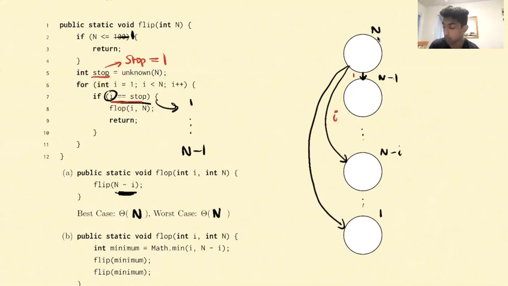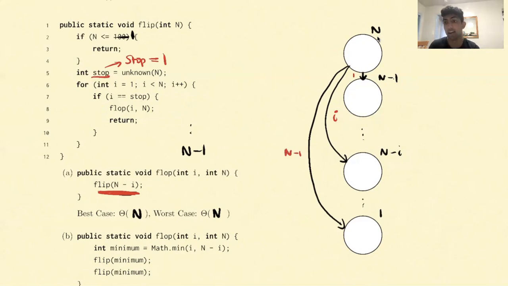The reason we use I work when we're going from n to n minus I is because we have to have executed I steps in this for loop prior to calling flip of n minus I. Okay, so we can see that we take I work to get to this n minus I node. And then if we're going all the way to the bottom, it means we did n minus 1 work.